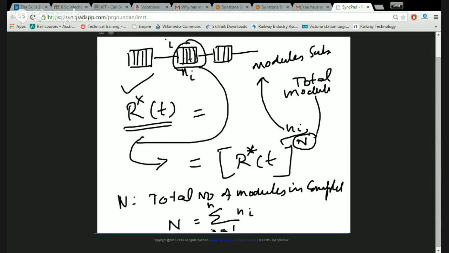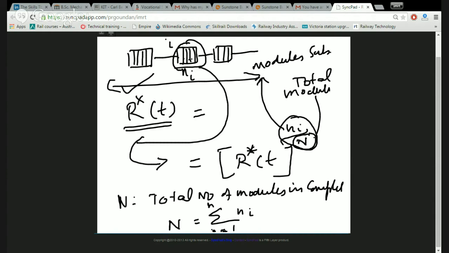We'll do one small simple example after this. Their approach is this. Instead of giving equal, I give the factor Ni by N, where Ni is the total number of modules in the ith subsystem, and capital N is the modules in the entire system, counting all from 1 to n.